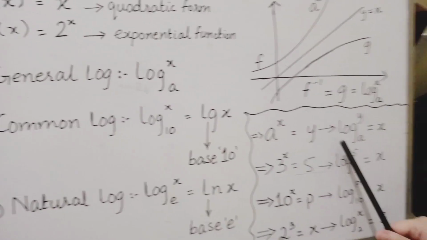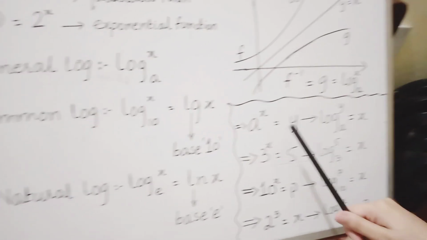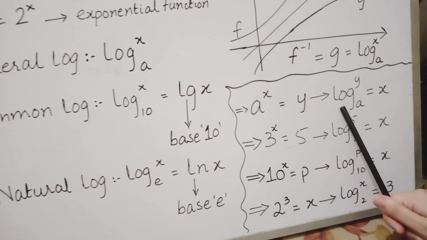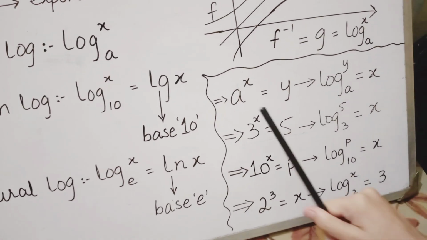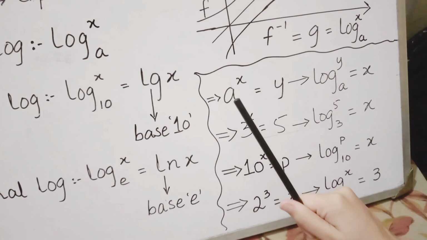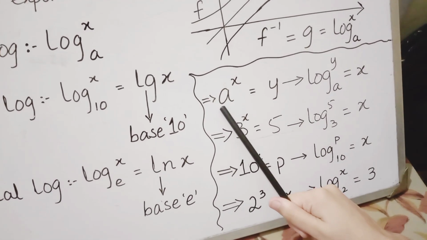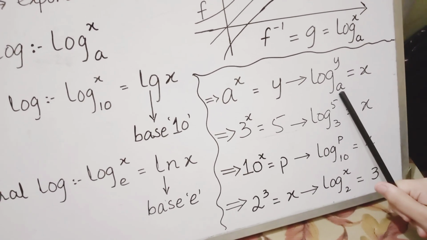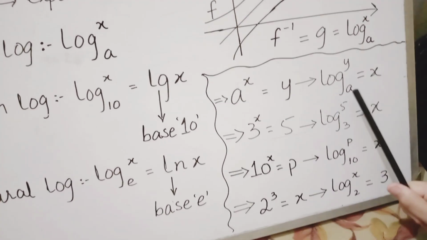Now coming towards how we can change an exponential function into a logarithmic function. This a is the base of the exponential function. This a, this small a, is the base of the logarithmic function.